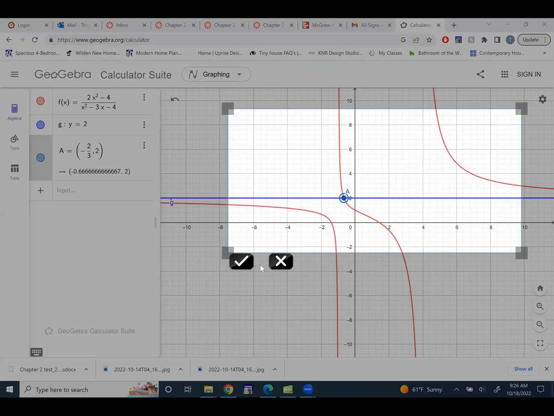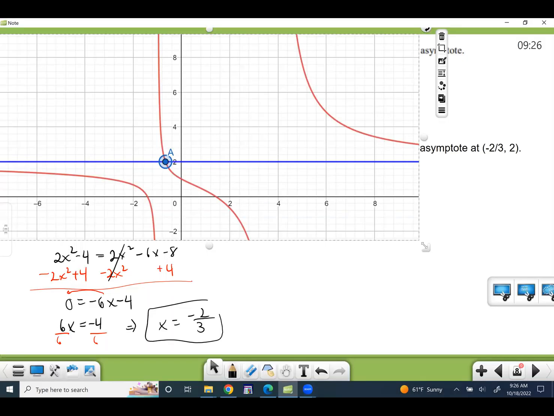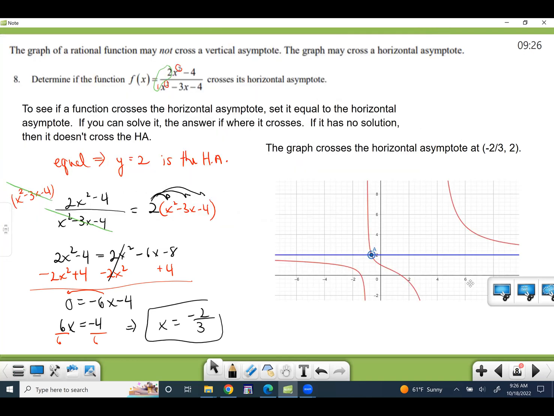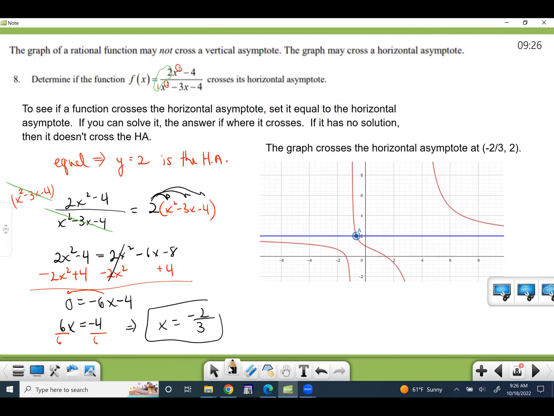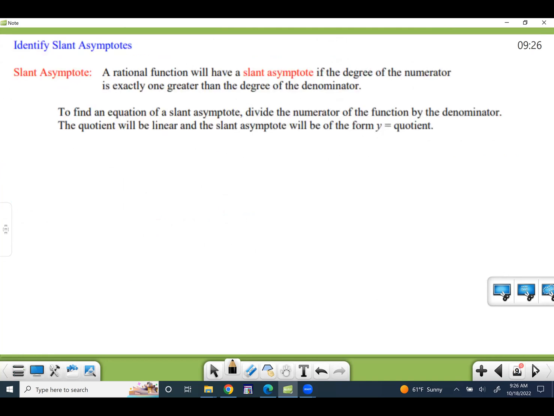I don't see any other points on the graph where we've crossed that blue line. This point here is like negative 1-ish, so negative 2/3, comma 2 is that point right there. So set the graph equal to the horizontal asymptote. If you get a solution, it crosses. If you don't, it doesn't.